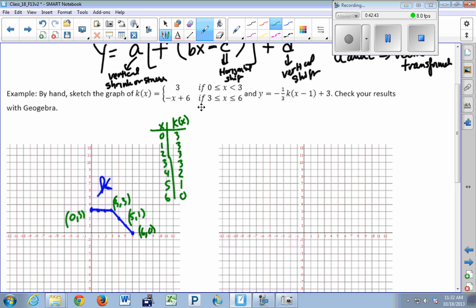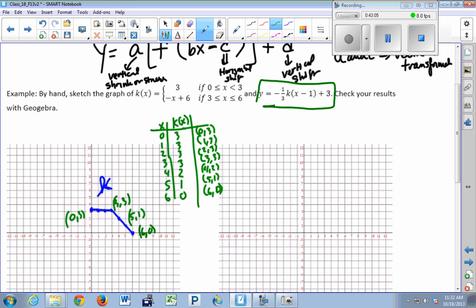And then you can put your points (0, 3), (1, 3), (2, 3), (3, 3). Gets a little boring when it's constant. (4, 2), (5, 1), and (6, 0). Okay.